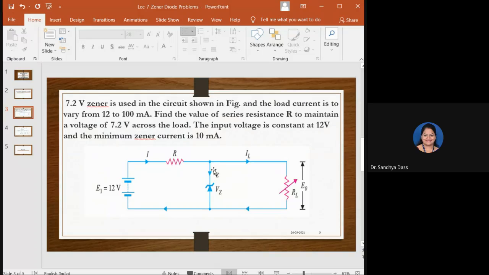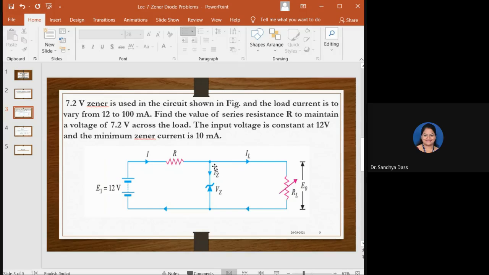One more point to bring to your notice, we understood all the circuits with respect to the KCL that we apply at this node. I hope all of you are aware of what is KCL, Kirchhoff current law. According to Kirchhoff current law, when we apply it at this node where my mouse is pointing, then I is equal to Iz plus IL.